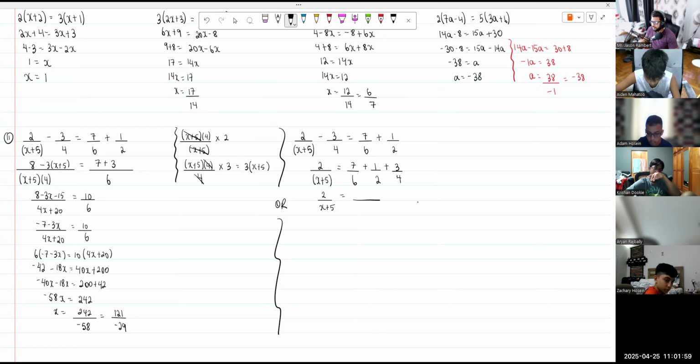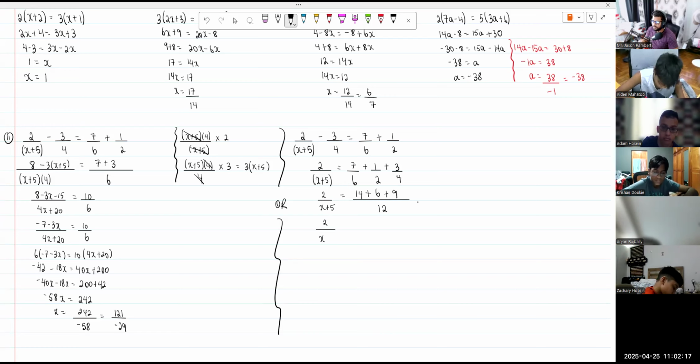is equal to, the LCM here looking like 12. 6 into 12 is 2, I get 14, plus 2 into 12 is 6, 6 by 1 is 6, plus 4 into 12 is 3, 3 by 3 is 9. I get 2 over x plus 5 is equal to 14 plus 6 plus 9, I get 29 on 12.